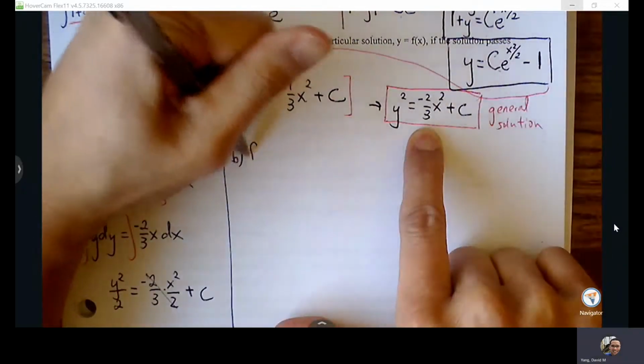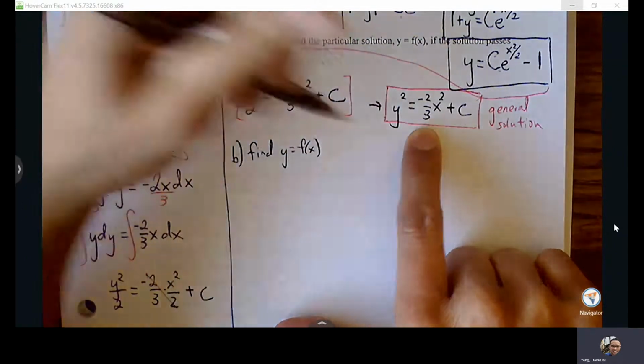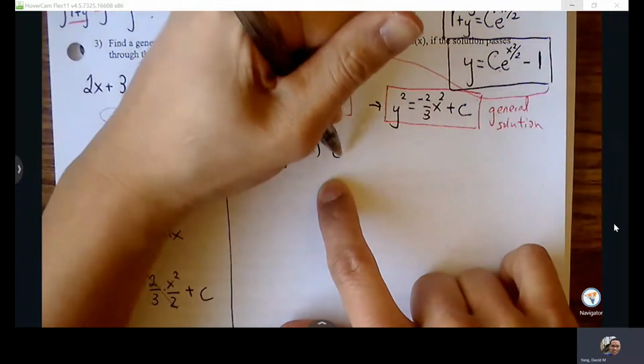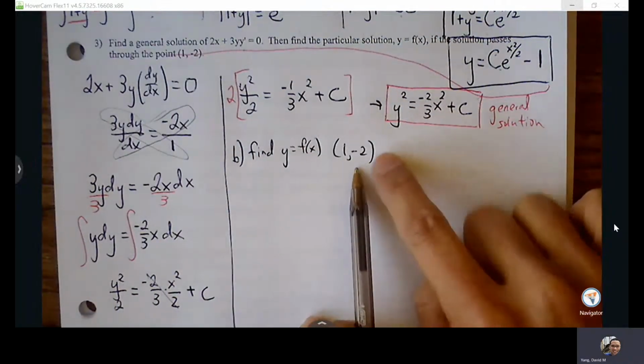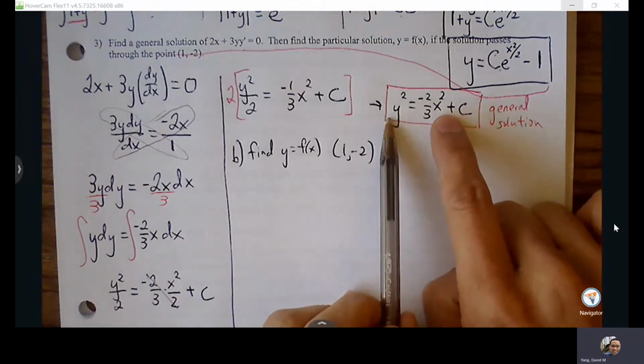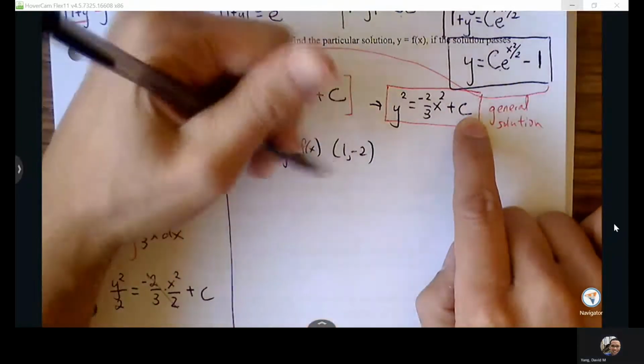Okay, so now part B, we're going to find the function y equals f of x, and we have the help of an ordered pair, 1, negative 2. So we're just going to insert 1 and negative 2 in for x and y and see if we can use that information to solve for c.